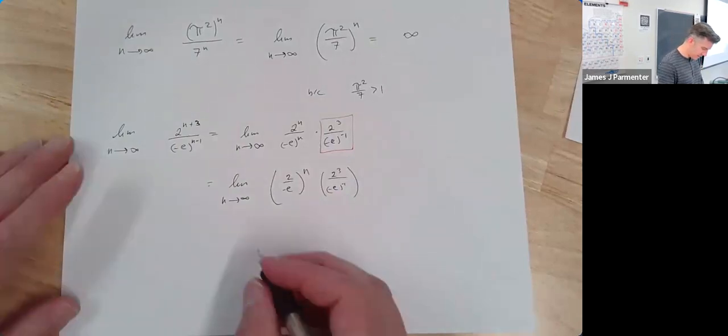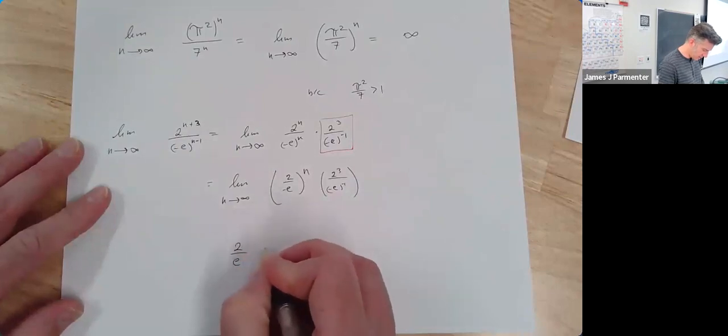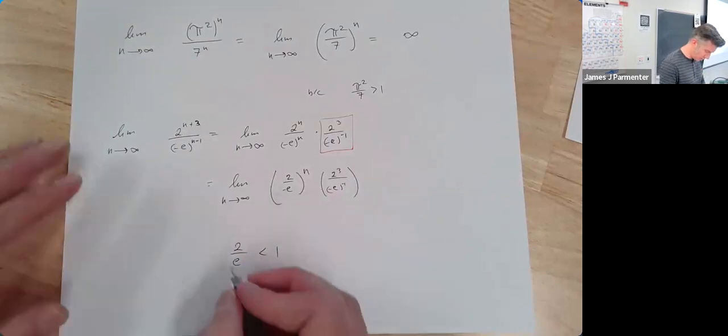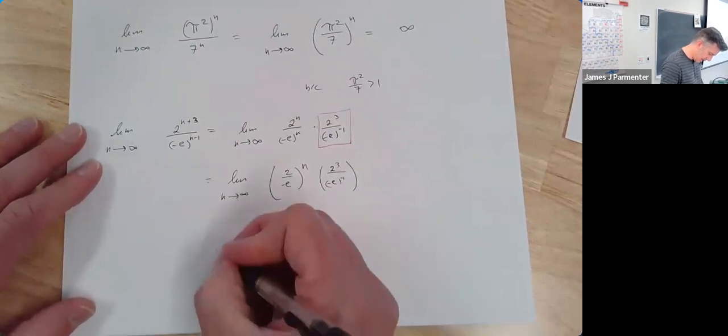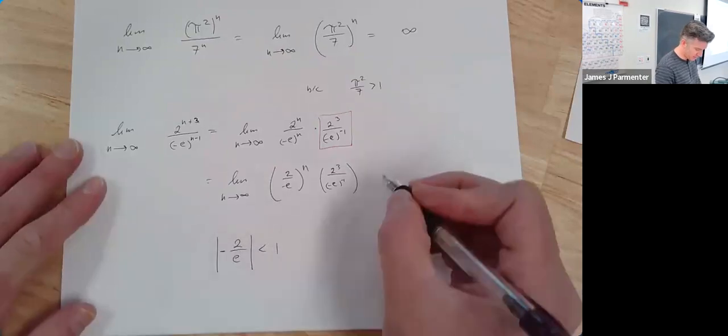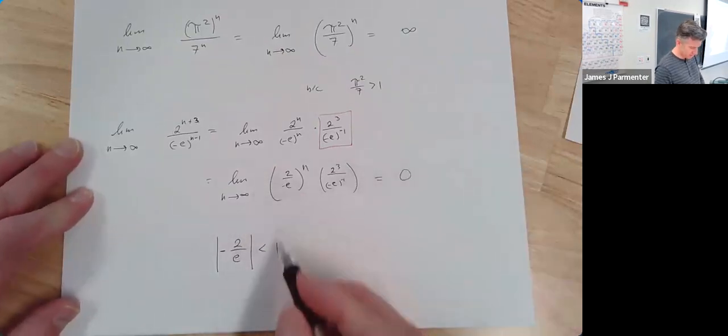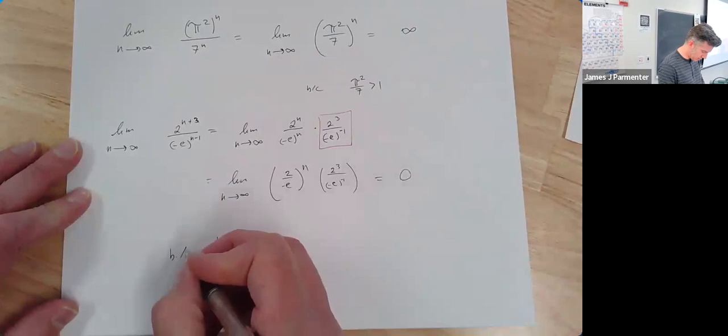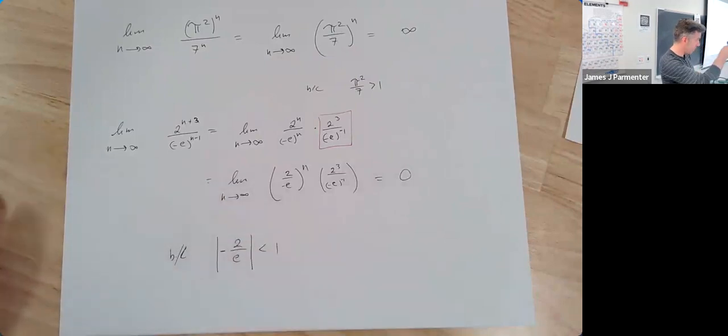I would say 2 over e is less than 1. Or more importantly, negative 2 over e in absolute value is less than 1. And if your fraction is less than 1 and you multiply it by itself over and over and over again, it gets smaller, smaller, smaller. So this limit's going to be 0 because of this fraction being less than 1.